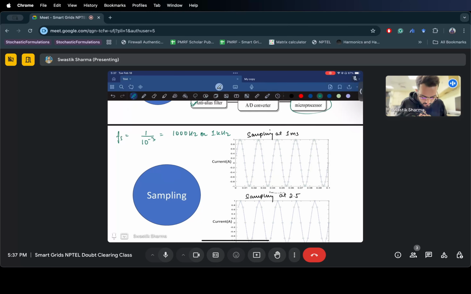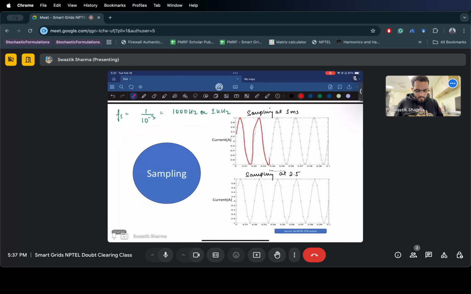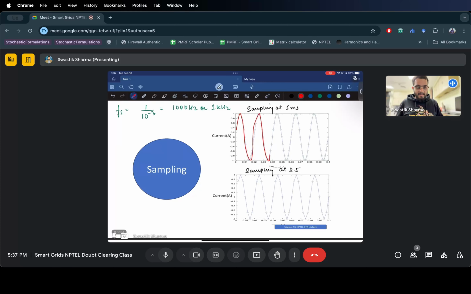As you can see, if you draw a line through these samples, this would give you the exact same curve as your original waveform. But now let's say you are sampling at 2.5 milliseconds, so you have samples at each 2.5 millisecond.